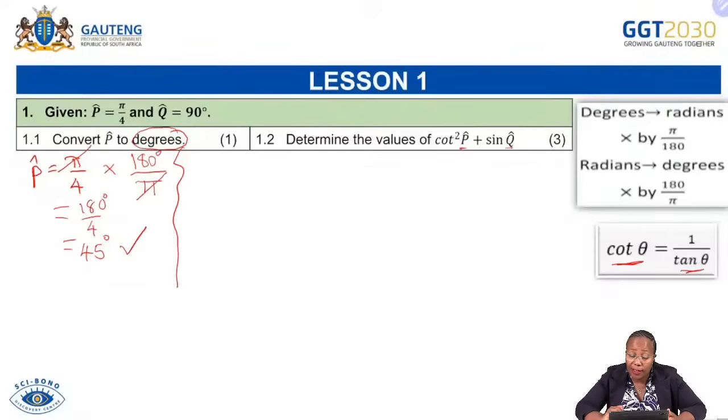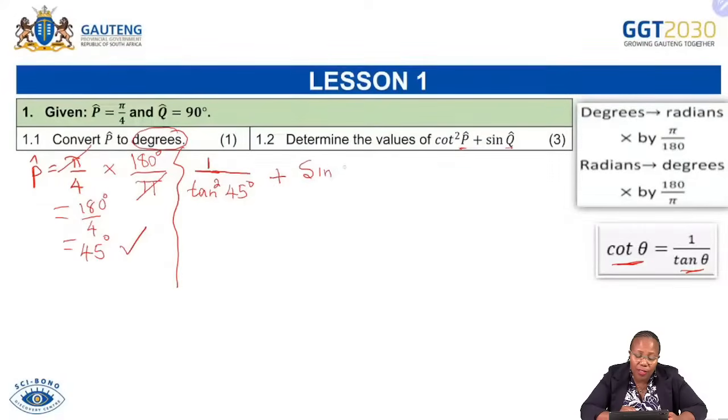The tan, the reciprocal of that one. So we are going to write this cot as 1 over tan squared, and the P value we can automatically substitute, that is 45 degrees as we have calculated on 1.1, and then plus the sine of Q.